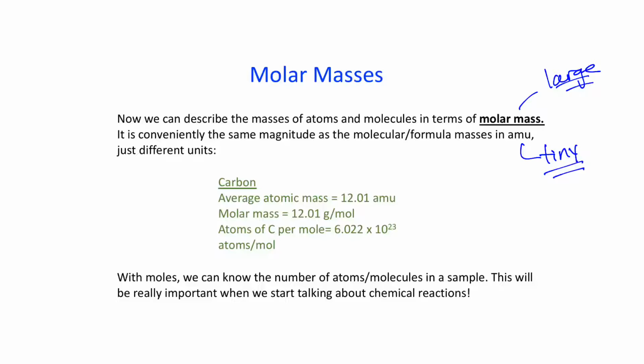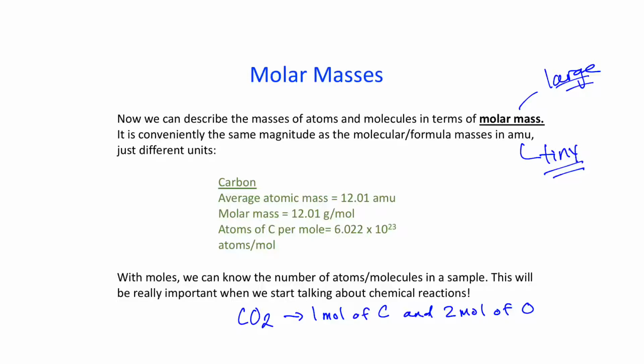Remember before, when we were talking about chemical formulas, we said that this formula tells us that we have 1 carbon atom and 2 oxygen atoms in 1 molecule of CO2. Well, this formula also tells us that we have 1 mole of carbon and 2 moles of oxygen for every mole of CO2.